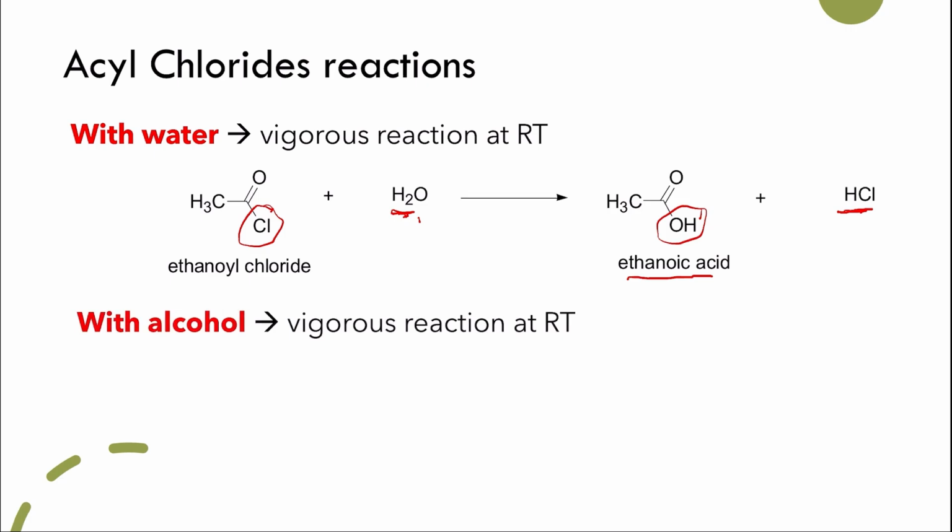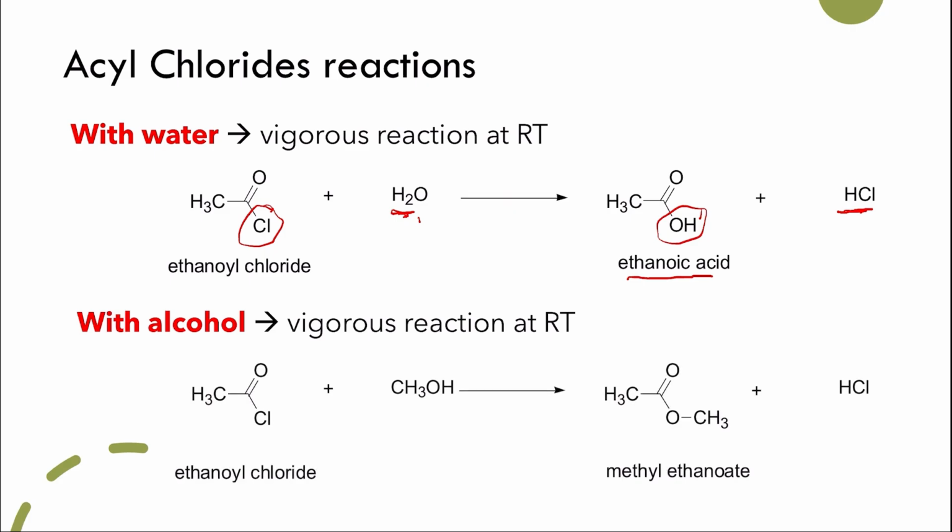With alcohol, they have a vigorous reaction as well at room temperature, and that will give you the ester and hydrogen chloride. So if you have ethanoyl chloride, it reacts with methanol to give you methyl ethanoate and hydrogen chloride. This is again another substitution reaction where the alcohol has substituted the chloride and the chloride has left.